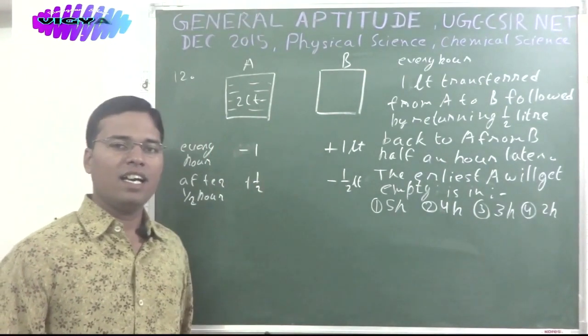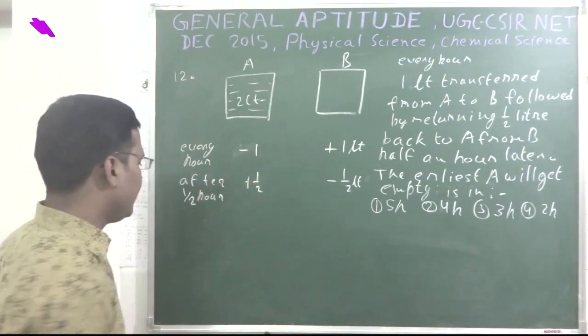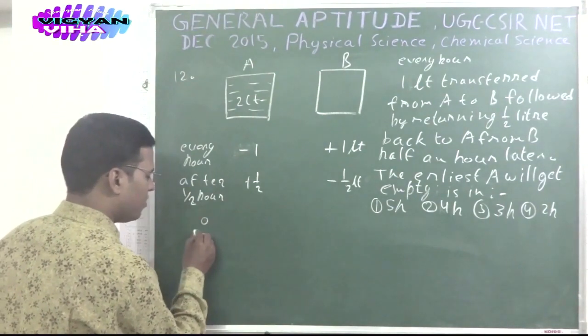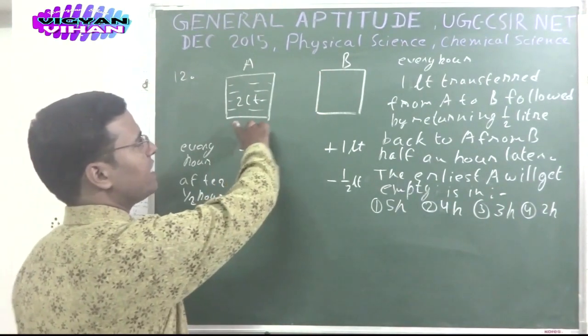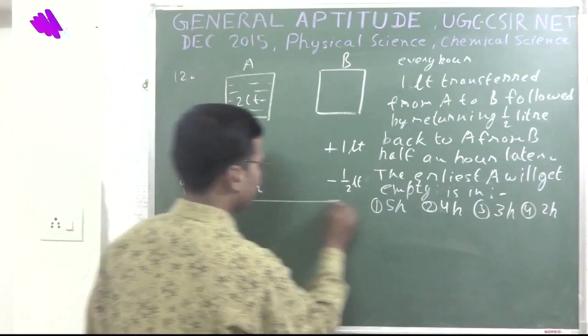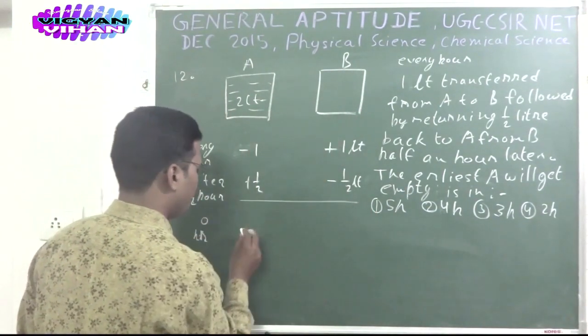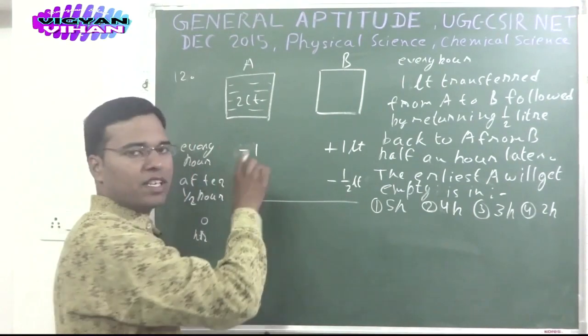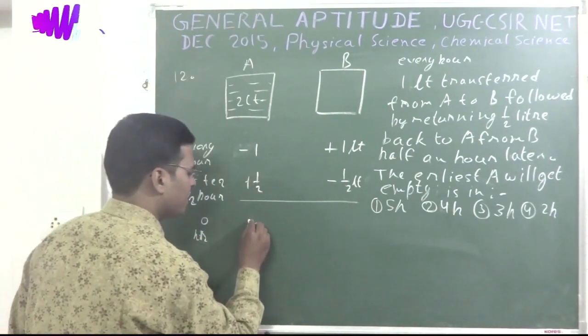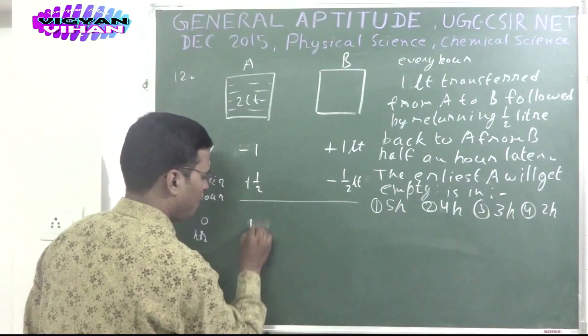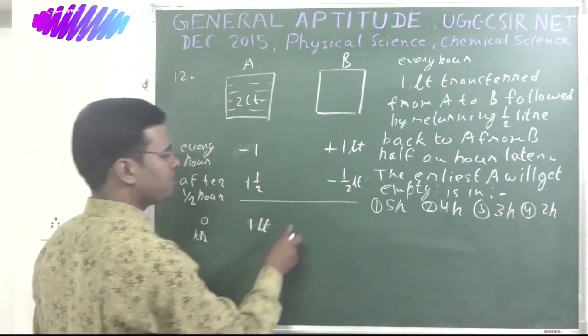When we start initially from timeline 0 hours, 1 liter is transferred to B. So at 0 hour, 1 liter is transferred to B. Then for container A, there is remaining 1 liter of water.